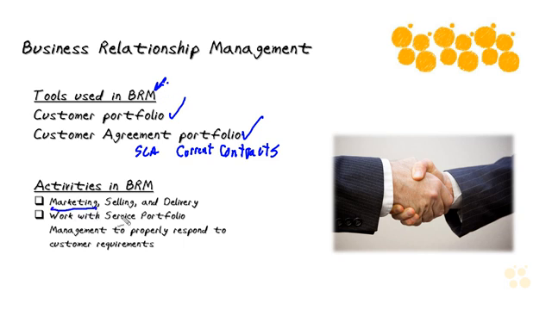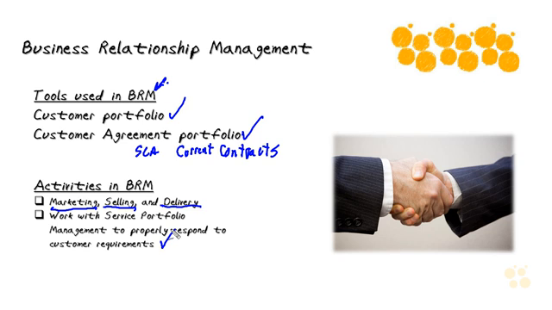Now, some of the activities, according to the service strategy book in ITIL, are going to be marketing, obviously our company, selling things, and of course eventually delivering the activities and the services. We also want to work with our service portfolio management and make sure that we are properly responding to our customer requirements. That can be coordinating things to their requirements, and facilitating customer advocacy throughout the service life cycle.